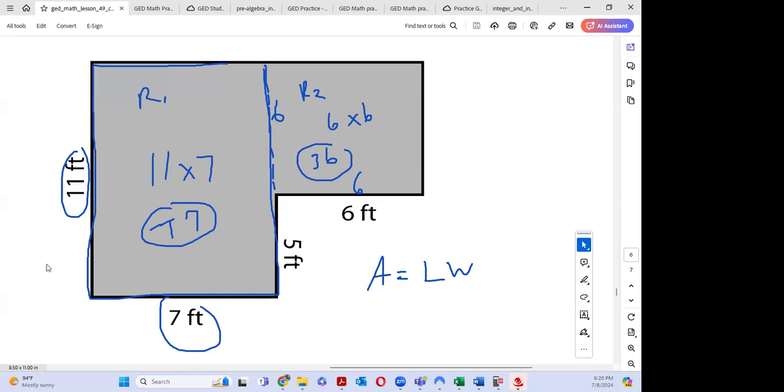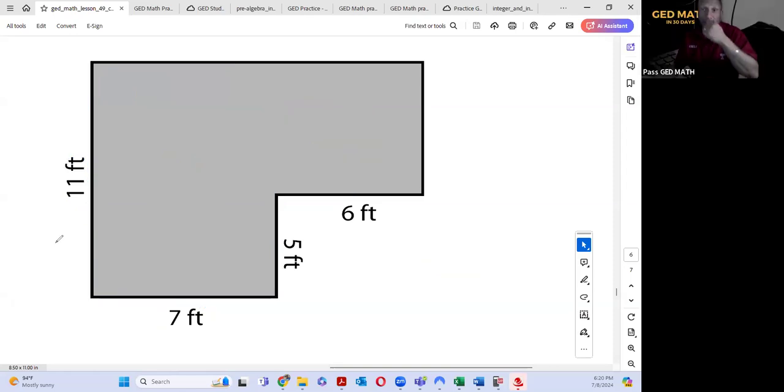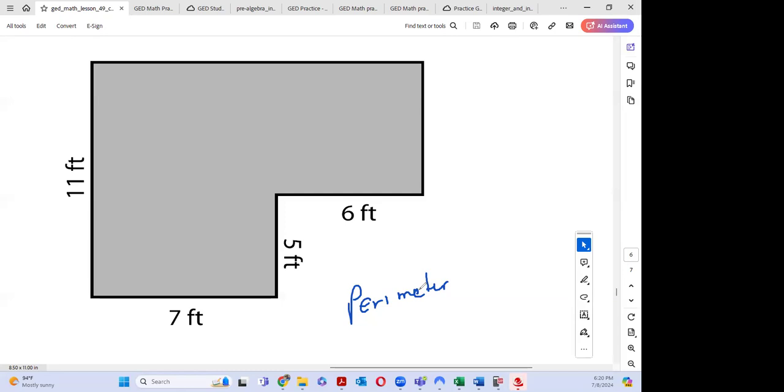Okay. You will probably have a question. Now, what if I asked you for the perimeter? What is meant by the perimeter? We find the missing sides and then we add them all.